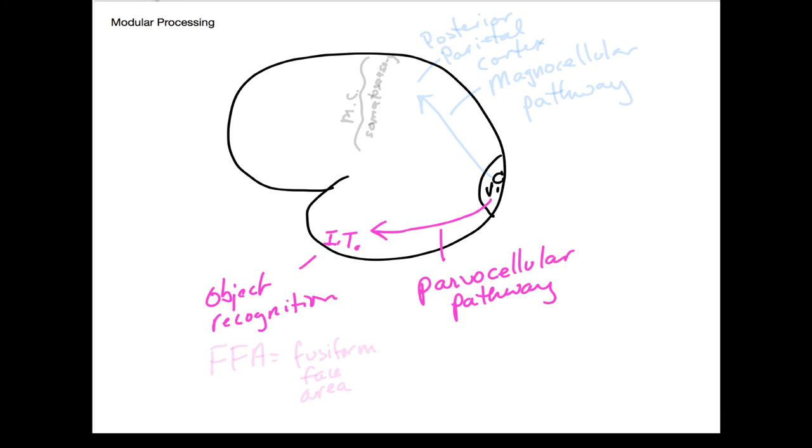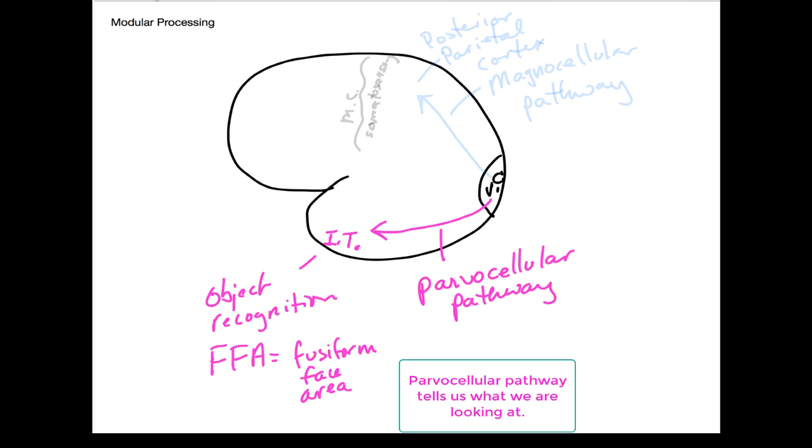In addition, there's a specialized area called the FFA, which is the fusiform face area, that is used in recognizing individuals by their face. So that's one module specialized for recognition of objects.